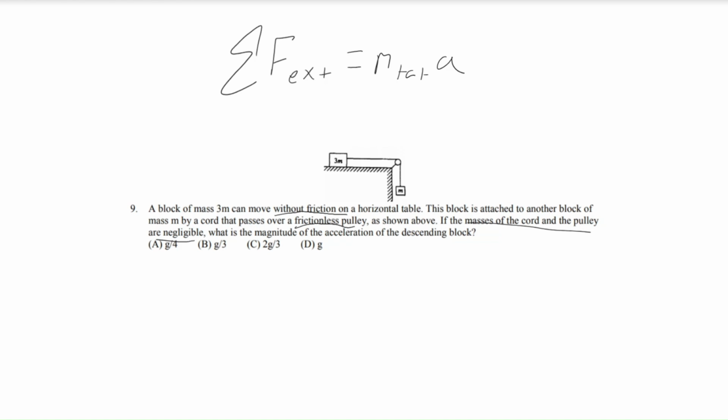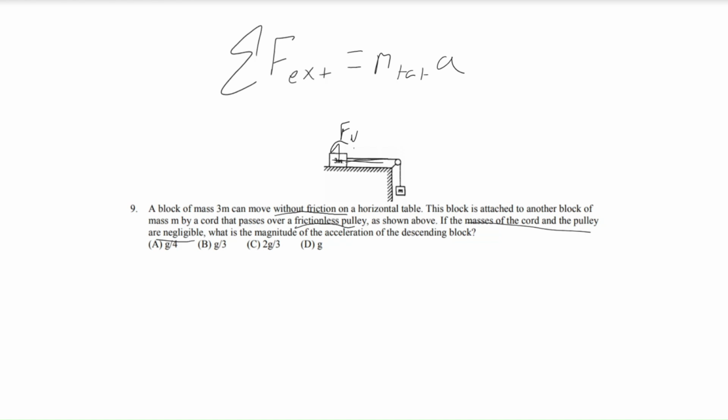So using this equation, if we look at our diagram, we can go ahead and draw our forces acting on it. So we already said that the tension is something we're not going to add into our forces because it's internal to the system. Here on the 3m, we have the normal force acting upwards, but the normal force isn't going to add anything to the acceleration since we're going in the horizontal direction.